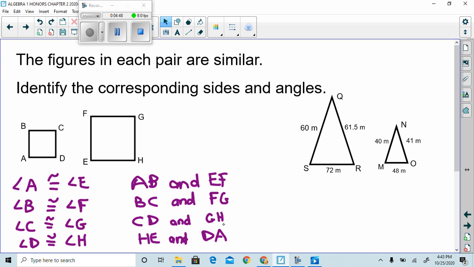We can do the same with these two triangles. We can notice that MN corresponds to SQ.